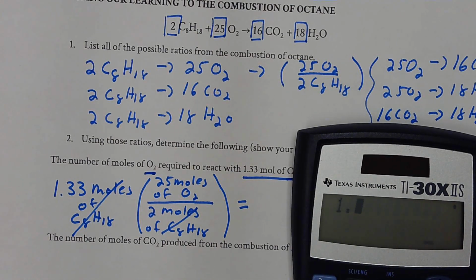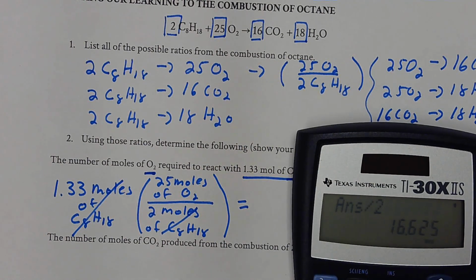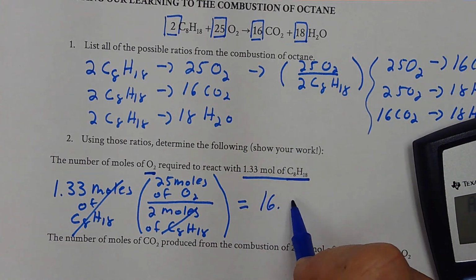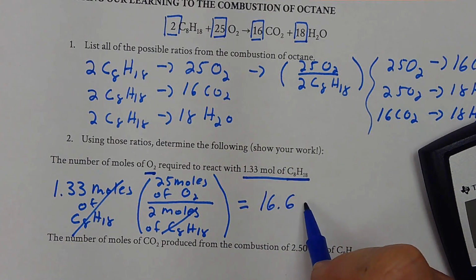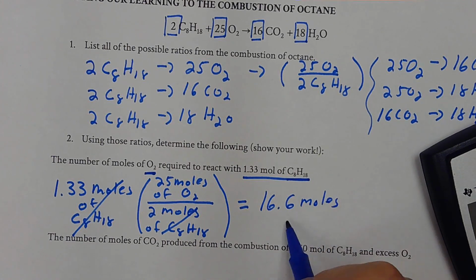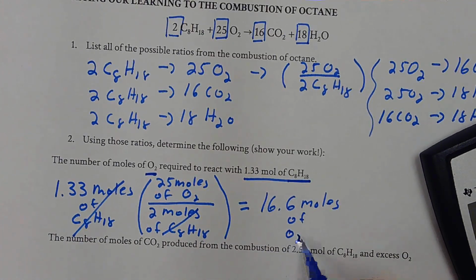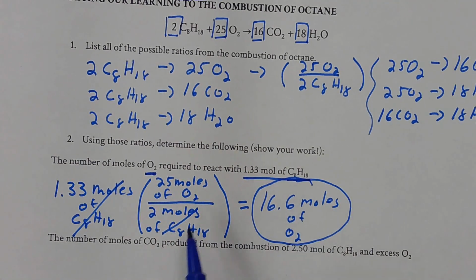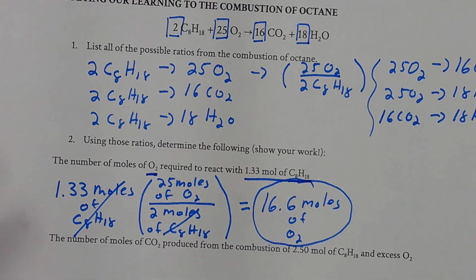So 1.33 times 25 divided by 2. I got 16.625. If we round to significant figures, 16.6 moles of O2. Okay, so we used our mole ratio from above to help us solve that problem.